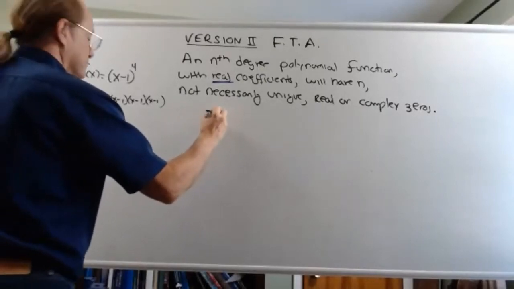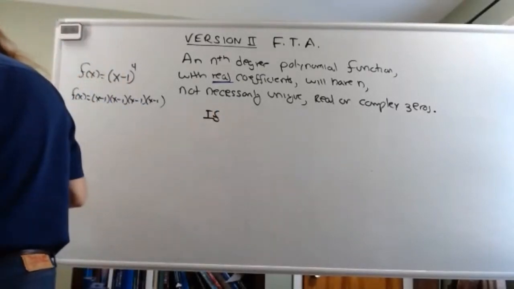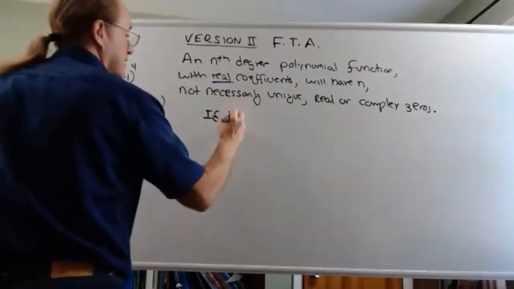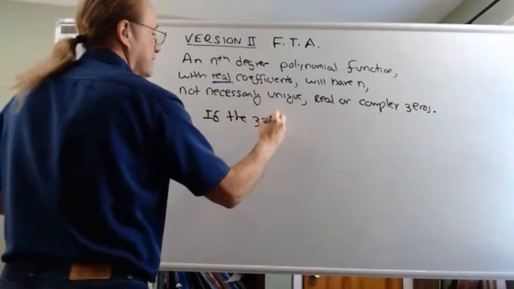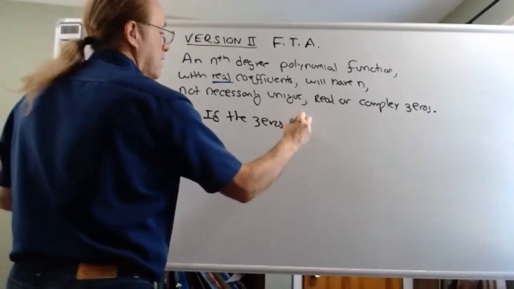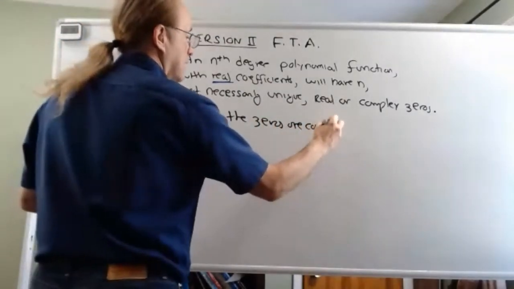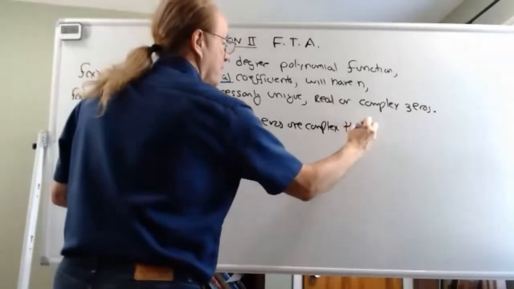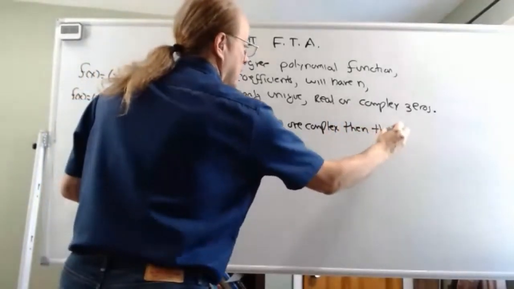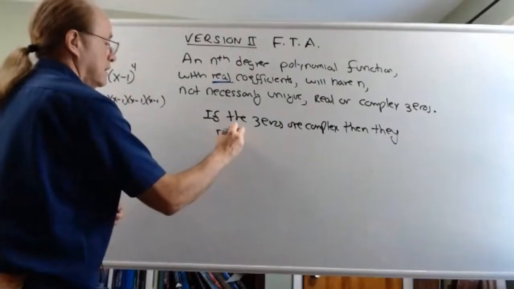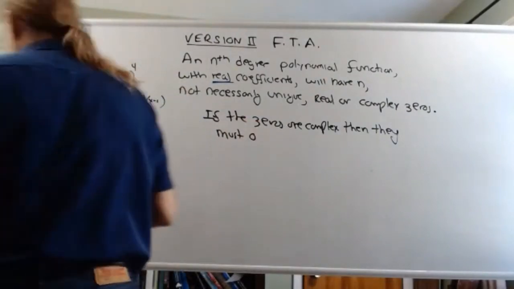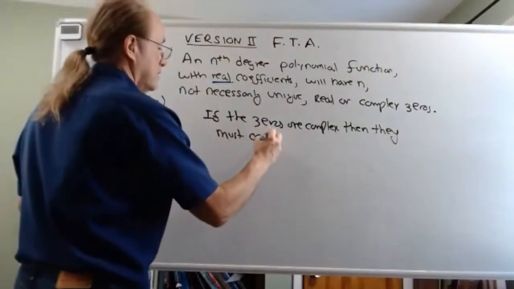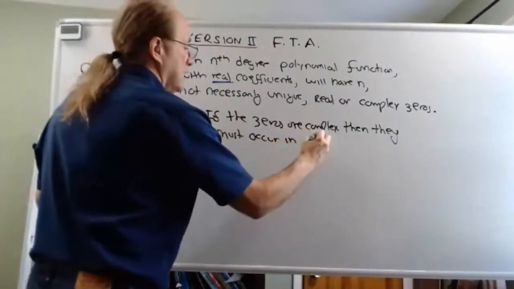It says if the zeros are complex, so say I do have complex zeros, then they must occur in conjugate pairs.